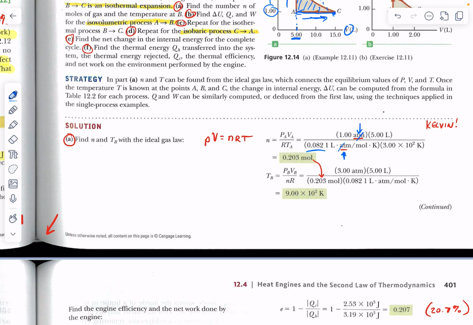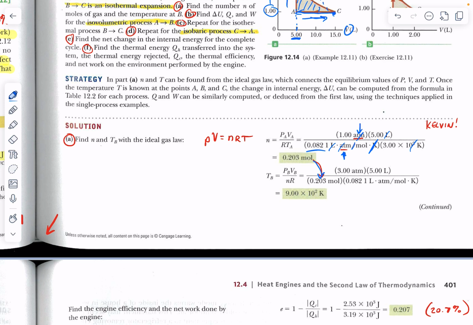And here we have Kelvin in the denominator, and over here, this Kelvin is in the denominator of the denominator, if you see it right there. So Kelvin cancels out, volume cancels out, and I get an answer of 0.203 moles. And then we can now calculate what the new temperature is going to be, and we're going up to 900 Kelvin in this process.